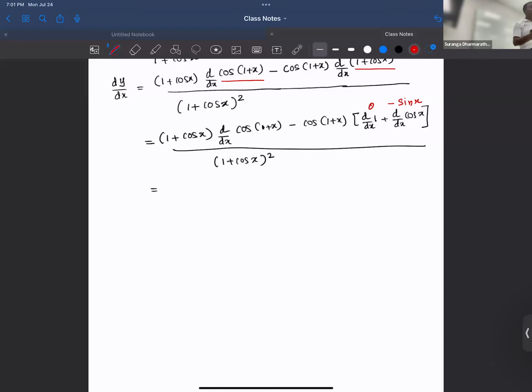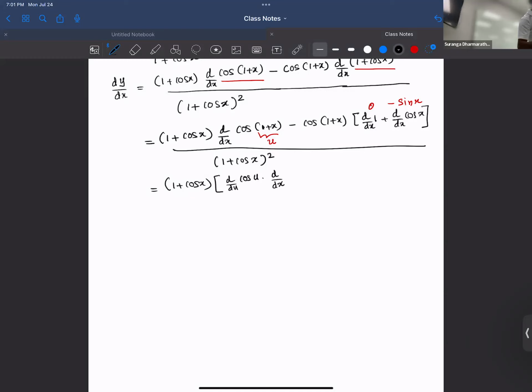Now it's a chain rule. As soon as you put that as u, you're going to do the chain rule: d over du of cosine u times d over dx of u.